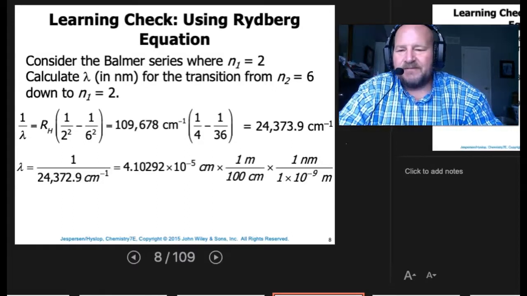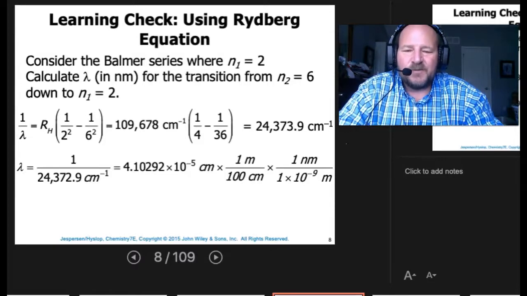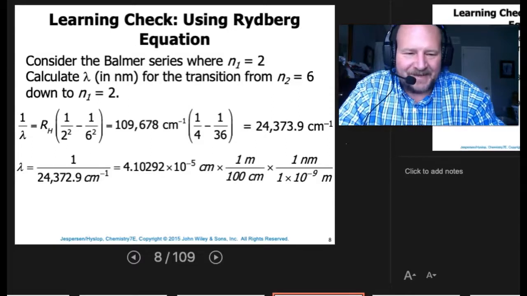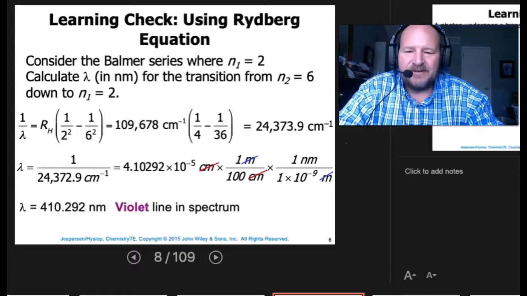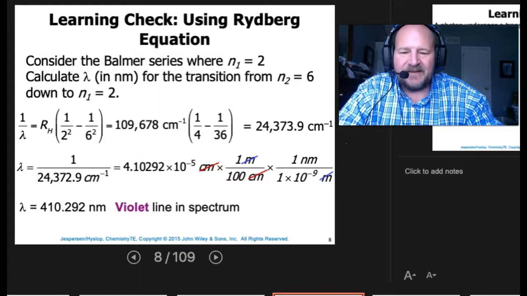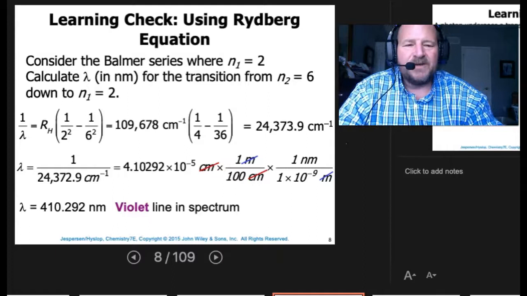So lambda then would equal 1 over that, which equals 4.10292 times 10 to the negative 5th centimeters times 1 over 100 times 1 over 10 to the negative 9th. Centimeters will cancel out, meters will cancel out, and that's going to give us 410.292 nanometers, which would be the violet line in the spectrum.